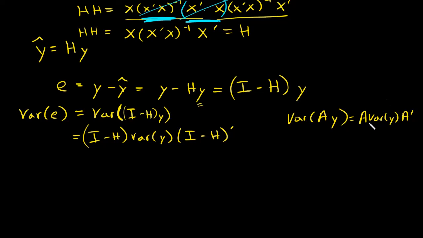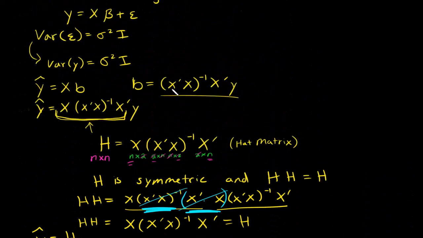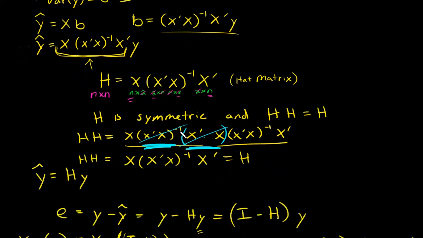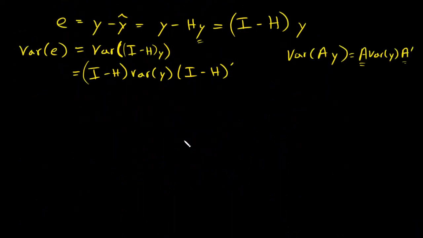Here A is I minus H. I know the variance of y: it was a result of my model assumption that the variance of y is sigma squared times I. Let's plug that in, and I'm left with (I minus H) sigma squared I (I minus H) prime.